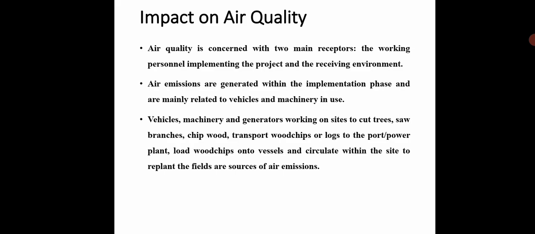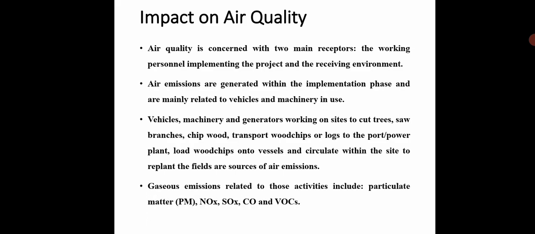The vehicles, machinery and generators working on sites, which are used to cut trees, saw branches, chip wood, and to transport, and the power plants and circulate within the site to replant the fields, are the sources of air emissions.